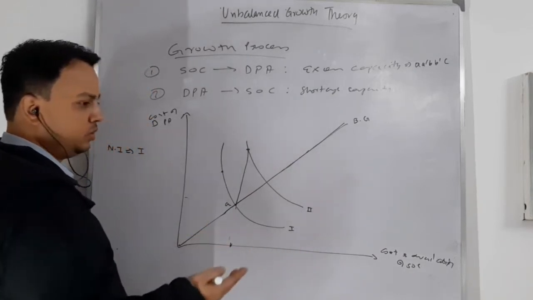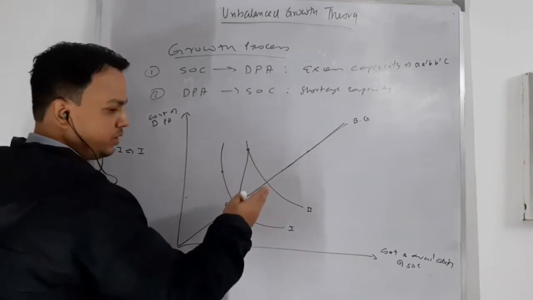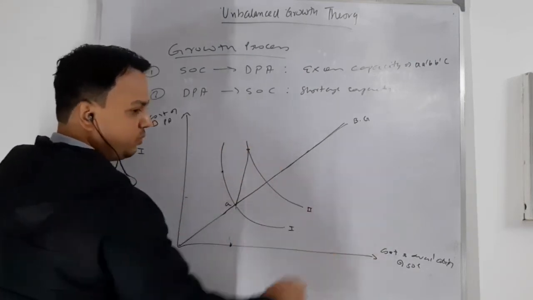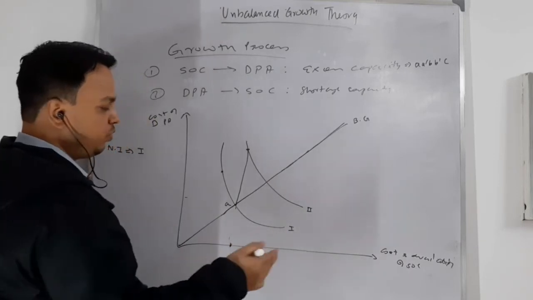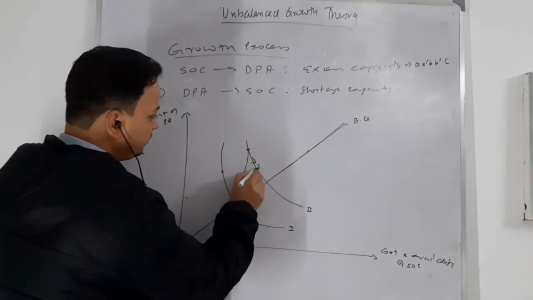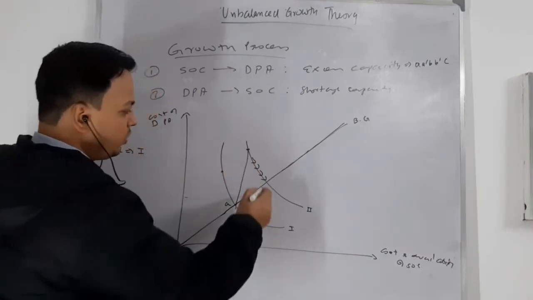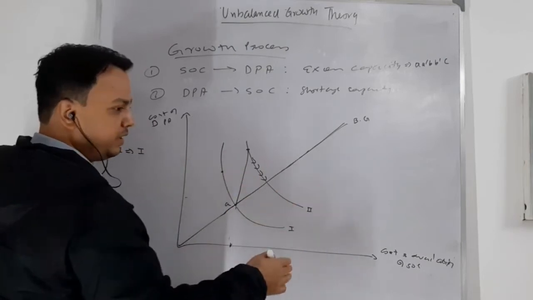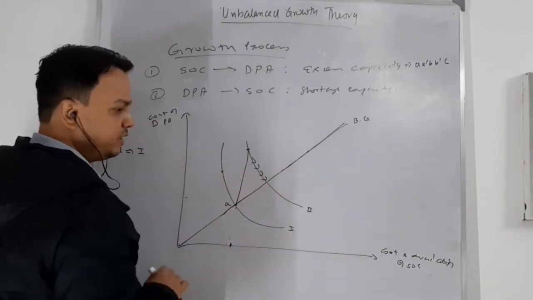So what do I have to do? I have to transfer resources so that balance is maintained between direct productive activity and social overhead capital. So there will be tension. The policymaker has to take some resources from direct productive activity and increase social overhead capital in such a way that harmony can be maintained between these two and we can achieve equilibrium.